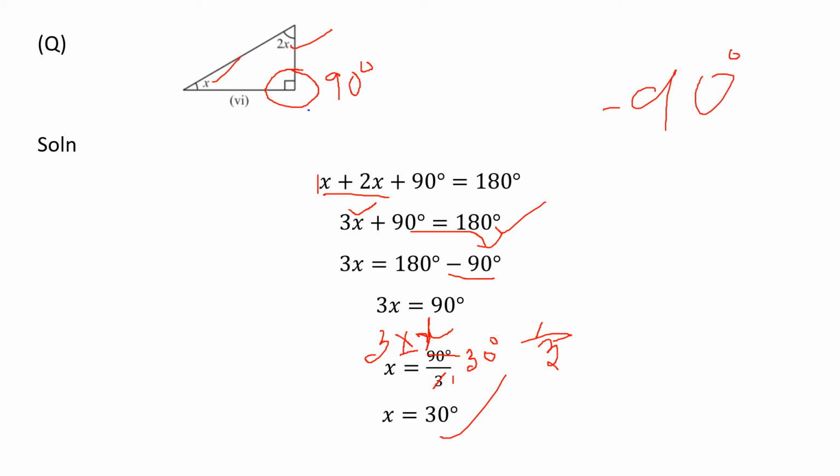It becomes plus 90. Okay, and 3x is equal to 90 degrees. So what is the meaning of 3x? 3x means 3 into x. So 3 and x, in between what symbol? Multiplication symbol. So when you take this 3 to the right hand side, you will be writing in reciprocal method.